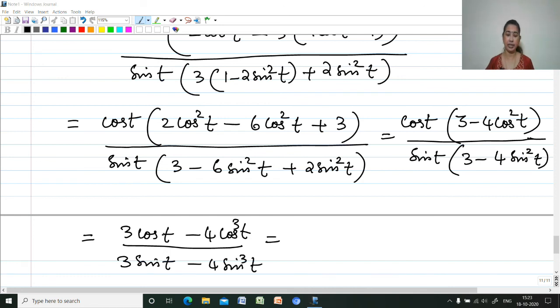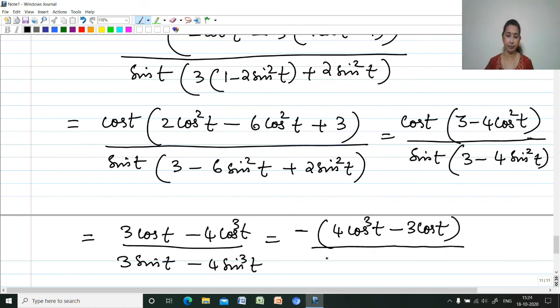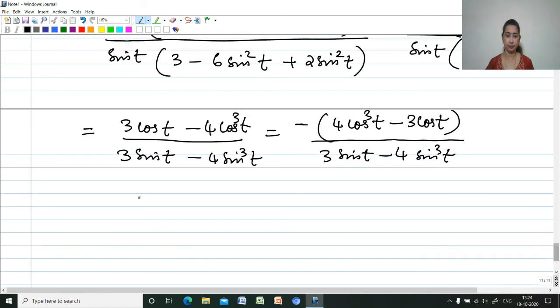So taking negative sign outside, minus of 4 cos cube t minus 3 cos t divided by 3 sin t minus 4 sin cube t, and that is equal to minus 4 cos cube t minus 3 cos t is cos 3t, divided by 3 sin t minus 4 sin cube t is sin 3t. So minus cos 3t by sin 3t is minus cot 3t.